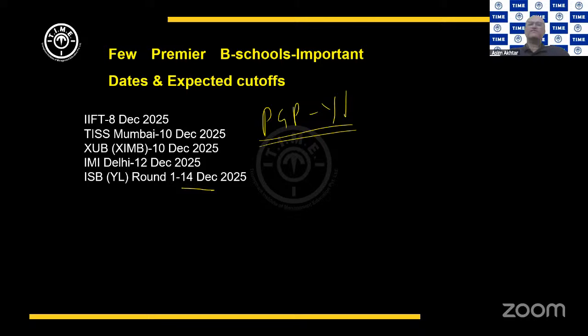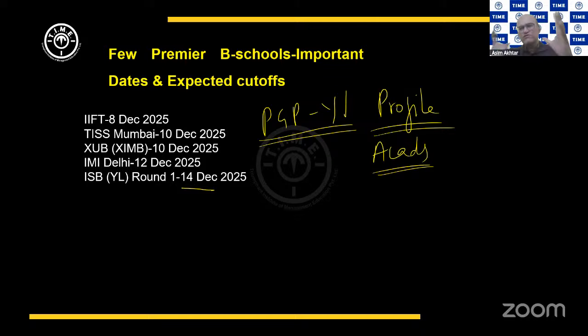Now, as far as ISB is concerned, this is one college which is slightly different from the ones that I have earlier mentioned. The difference is ISB gives a lot of importance to your profile. What exactly do I mean by this term, profile? Here, profile would essentially mean multiple parameters. It includes your academics. So your academic profile would have a weightage: your 10th, 12th, graduation, if you have done masters, all these things would be included in your academic profile, the percentage of marks or the ranks that you have secured.